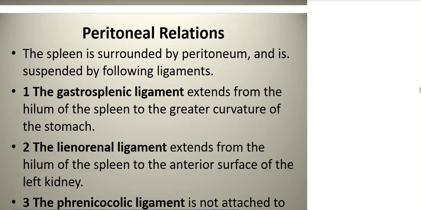Relationship: we can see the peritoneal relation. The spleen is suspended by the following ligaments. The first ligament is the gastrosplenic, gastro and splenic. It extends from the hilum of the spleen to the greater curvature of the stomach.